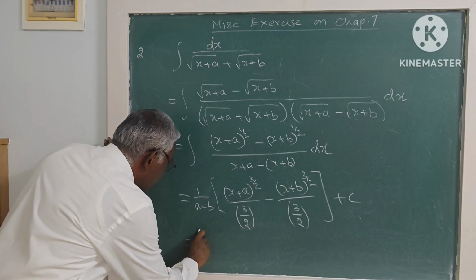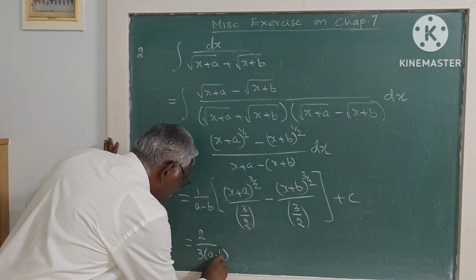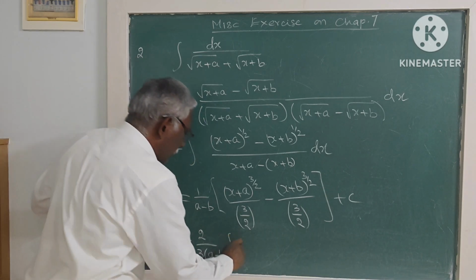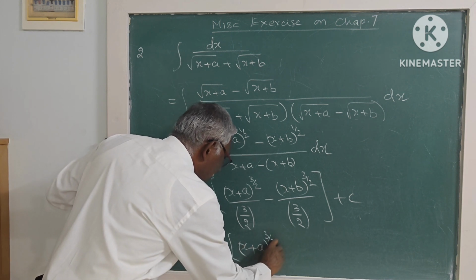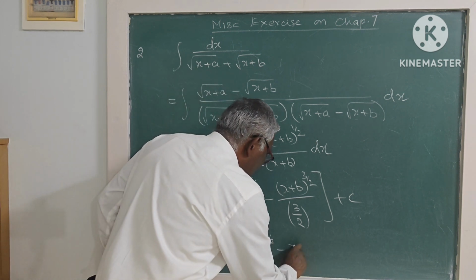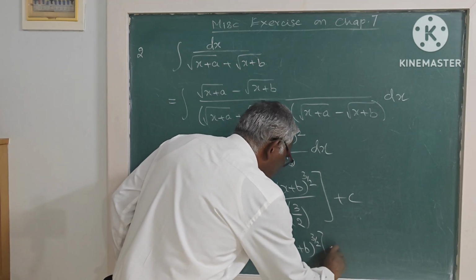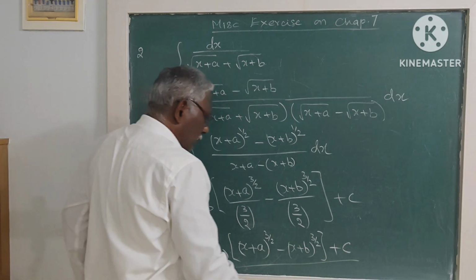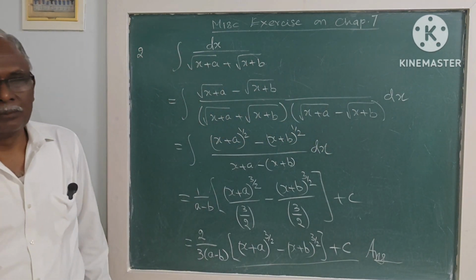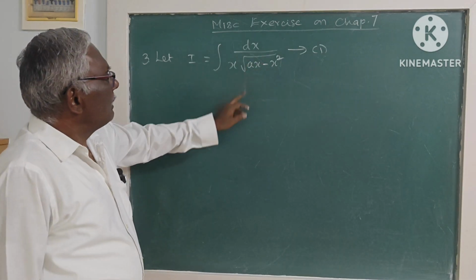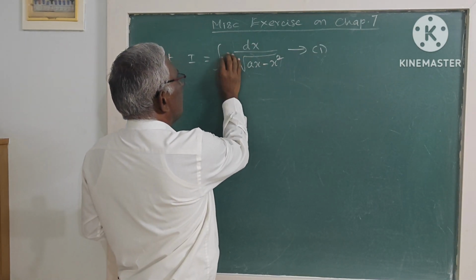So that will become 2 by 3 times (a minus b), then (x plus a) power 3 by 2 minus (x plus b) power 3 by 2 plus constant. So this is the answer.